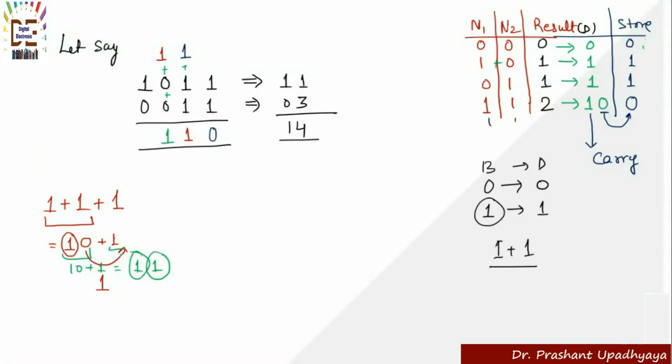So you will have a 1 here. There will be no carry, so carry is 0. So again 0 plus 1 is 1, 1 plus 0 is 1. So you just check whether you are getting the 14 or not. And best practice is whatever binary digits you have got, convert them into decimal equivalents, add them, and just check whether you are getting the correct answer or not.